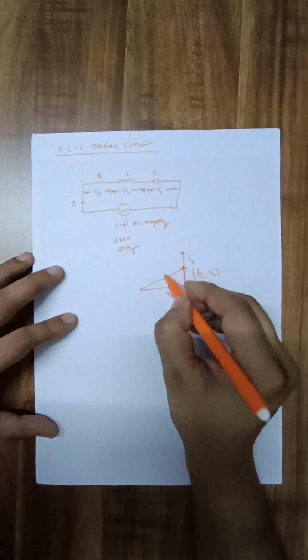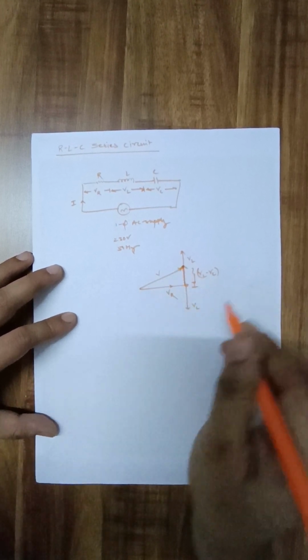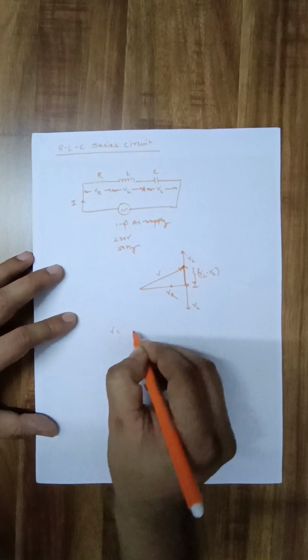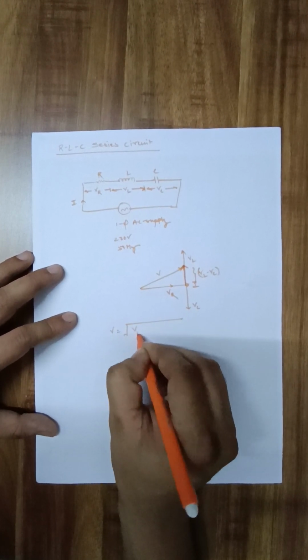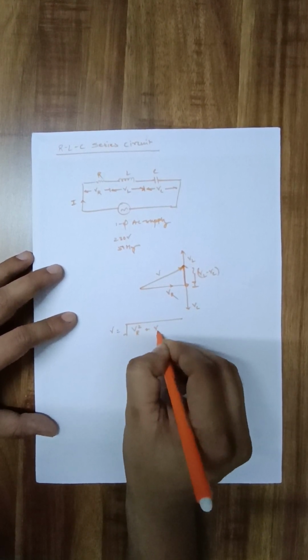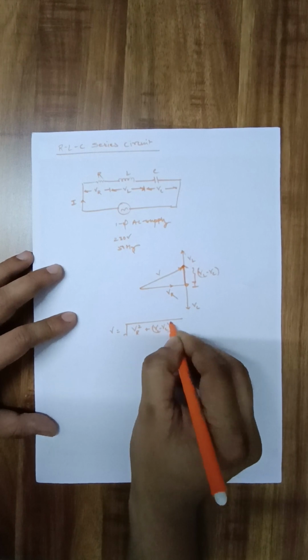So overall the complete voltage will be equal to V under root VR square plus VL minus VC square.